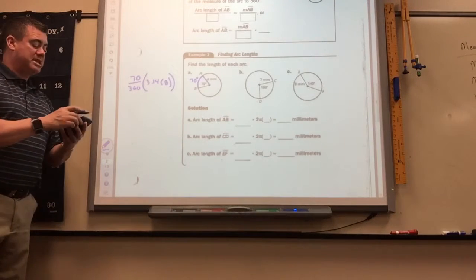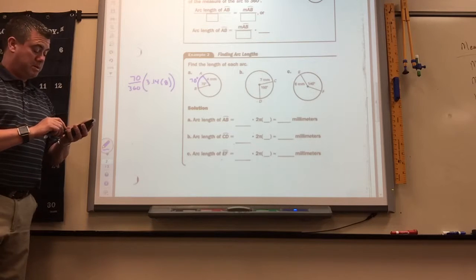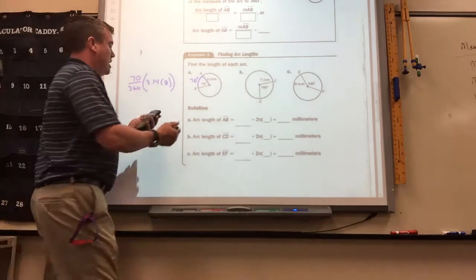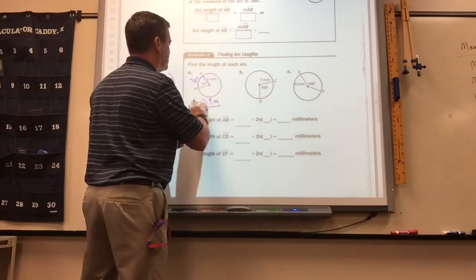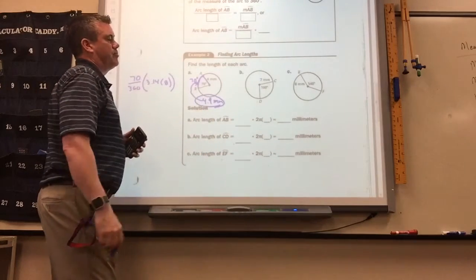So you just got to go 70 divided by 360 times pi times the diameter. So that would be 4.88 or 4.9 millimeters would be the length from there to there.